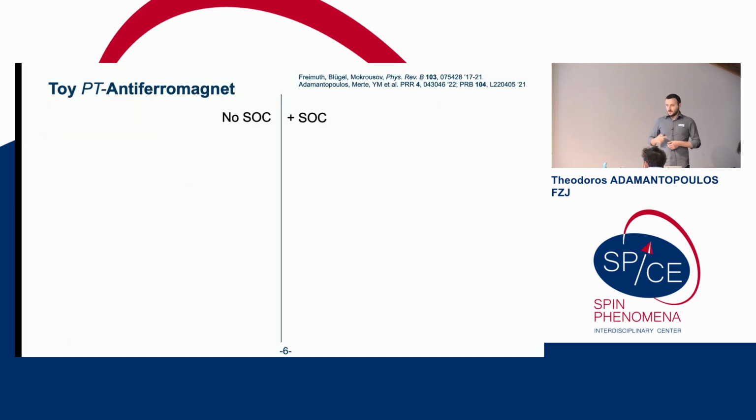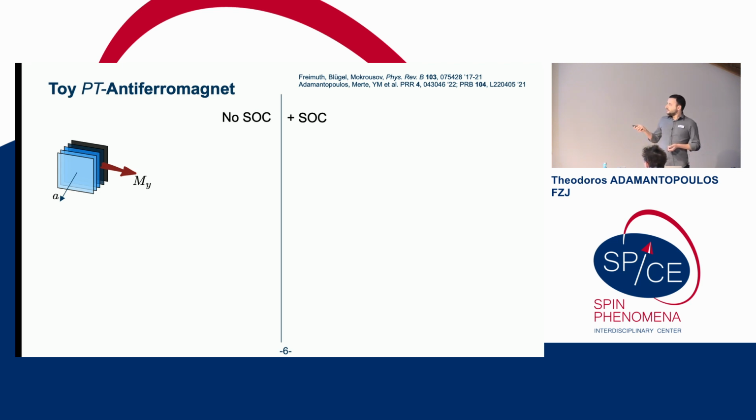Before moving there, I will first try to demonstrate to you with some simple symmetry arguments what kind of photocurrents we expect in a simple PT antiferromagnet. Starting from a non-relativistic scenario, we consider a slab where you have an in-plane magnetization along the y direction and a breaking of the inversion symmetry along the out-of-plane direction.